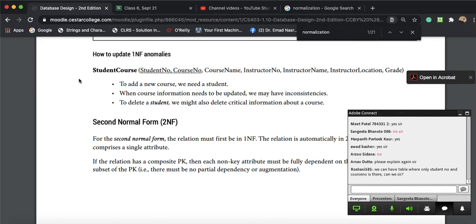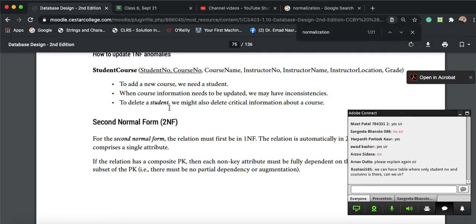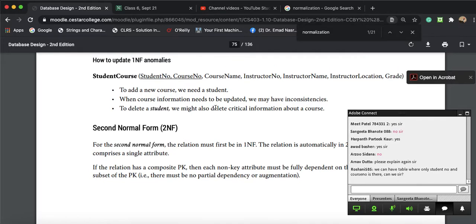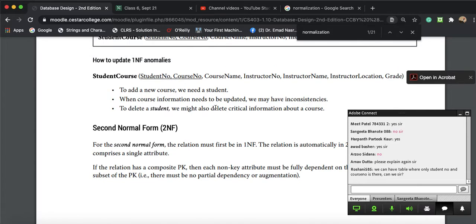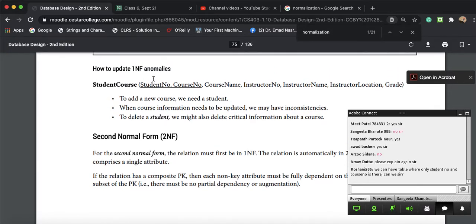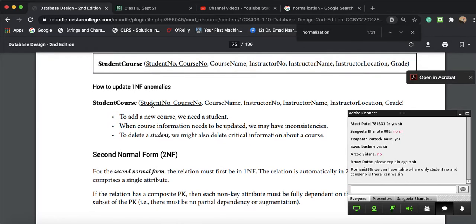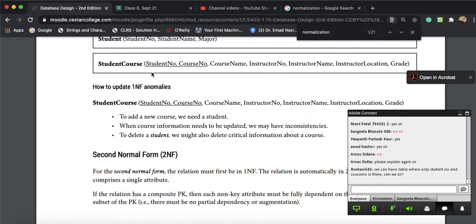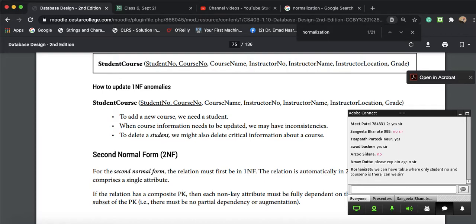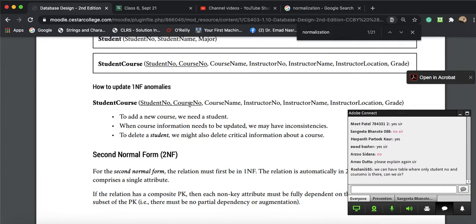Because to delete a student, if you want to delete the student, you will delete what? You will delete the course. Suppose we have student number 1 and course number 1. Then we want to delete student number 1.